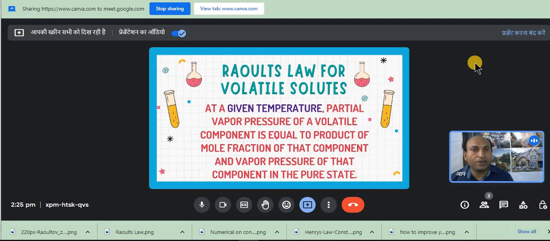If A and B are the components, the Raoult's law statement is: at a given temperature, the partial vapor pressure of a volatile component, A or B, is equal to the product of the mole fraction of that component and the vapor pressure of that component in the pure state.